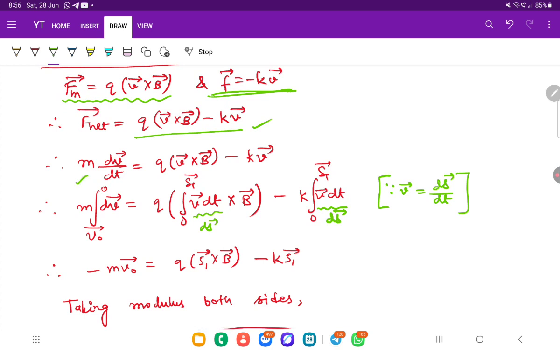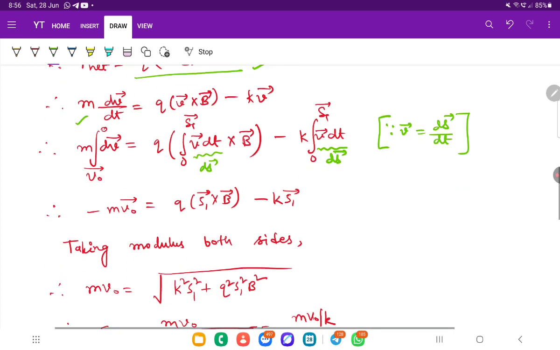Now you just take the dt to the right hand side. The left hand side will be m times dv, and after taking dt to the right hand side, it is very simple: minus k times v dt.